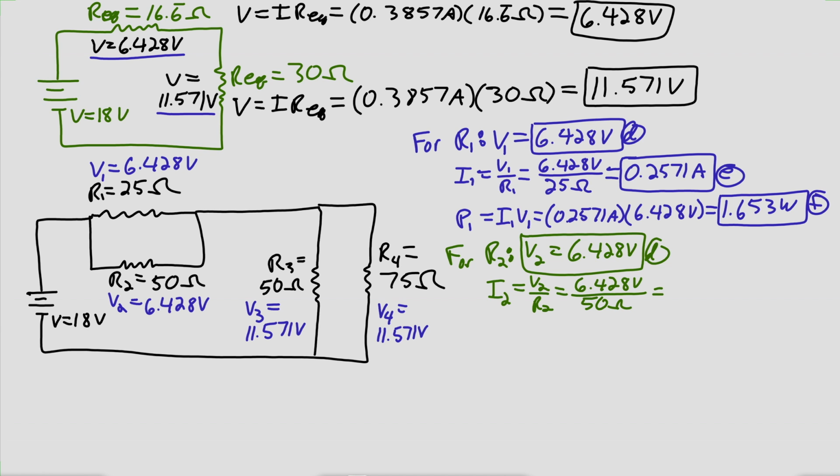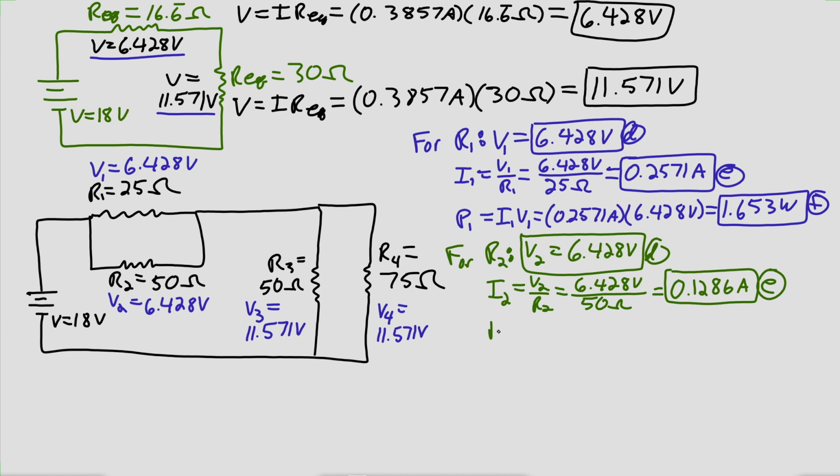So plug that in the calculator, and you should get 0.8266. Nope, sorry, looking at the wrong number. 0.1286 amps. So that's one of my answers for E.